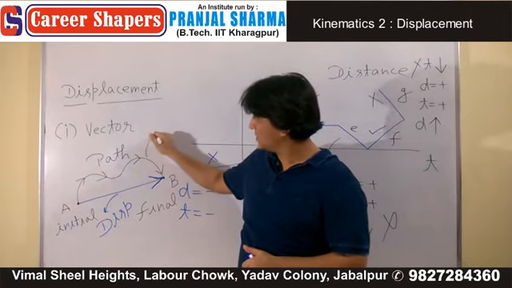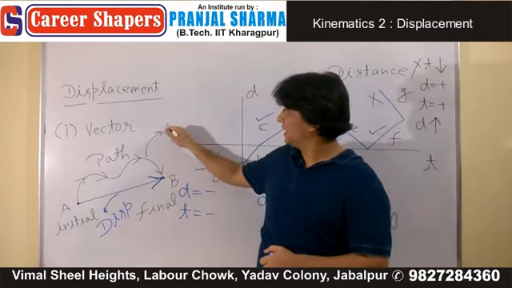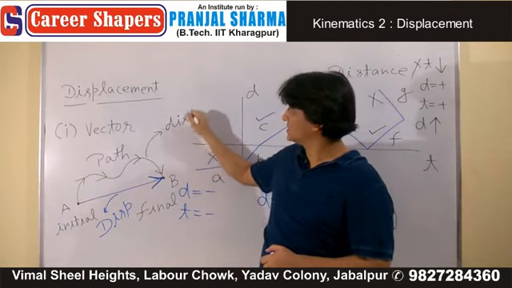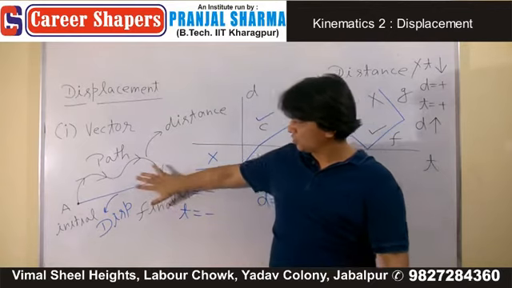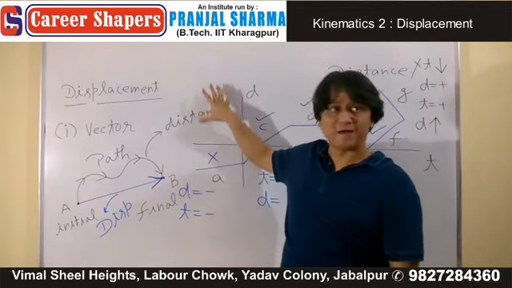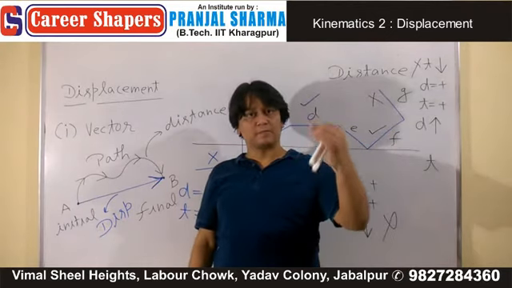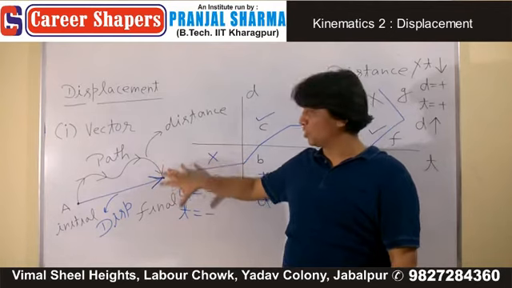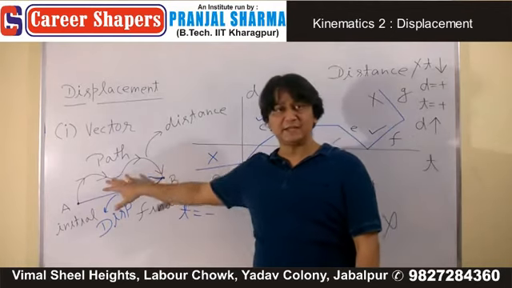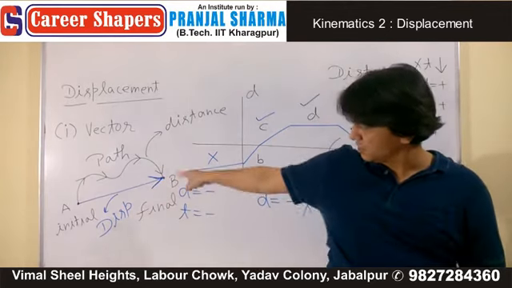This black line, which is the path length, gives you distance. Draw this figure and note down everything in this form. If possible, always use different colors the way I am trying to use, so that you can easily distinguish between different quantities.